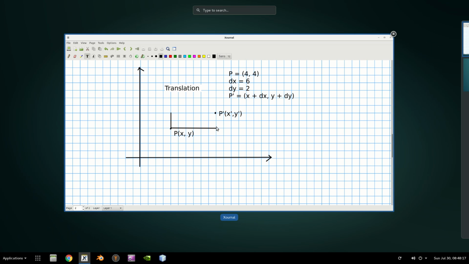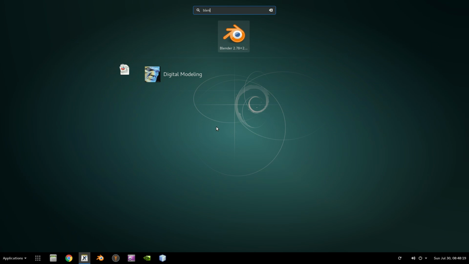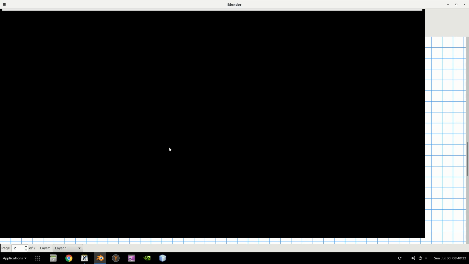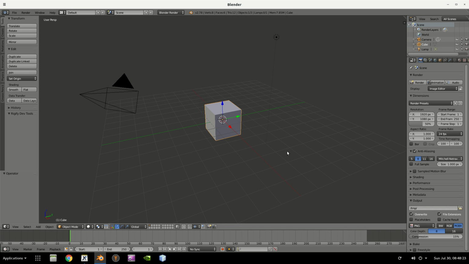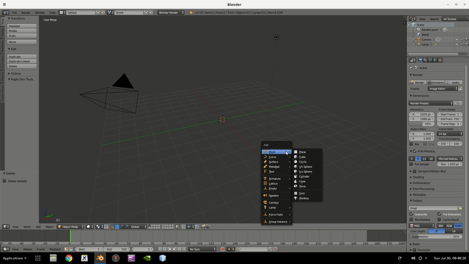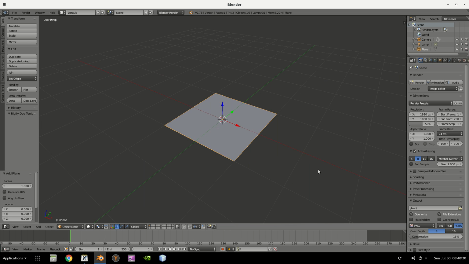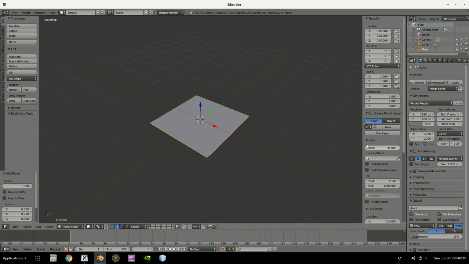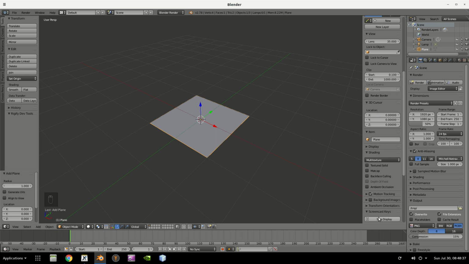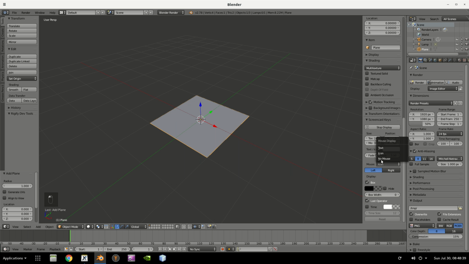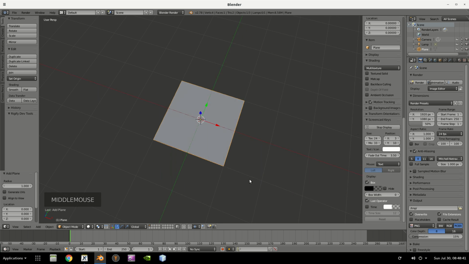Okay, and if I bring up Blender, let us just go with something a little bit simple. It's just a plane, all right? So this is just a plane, and let me also bring up the screencast keys. This is not going to be anything fancy. Still, you can see what I'm doing.